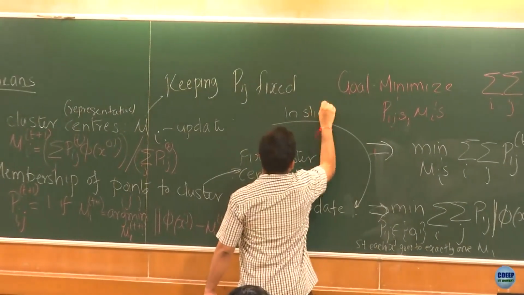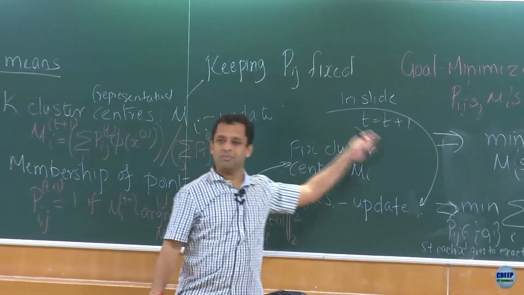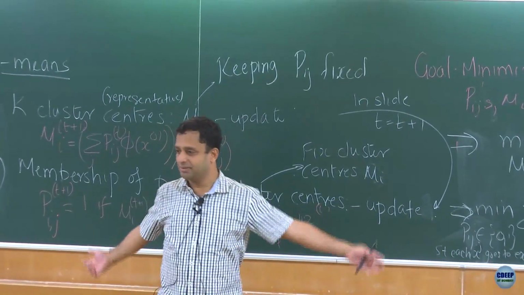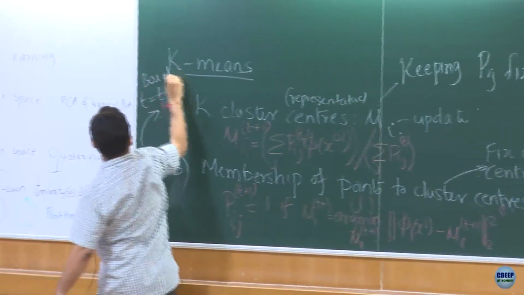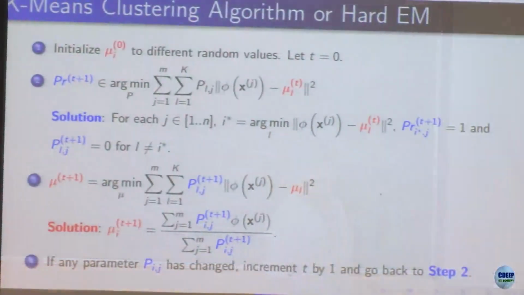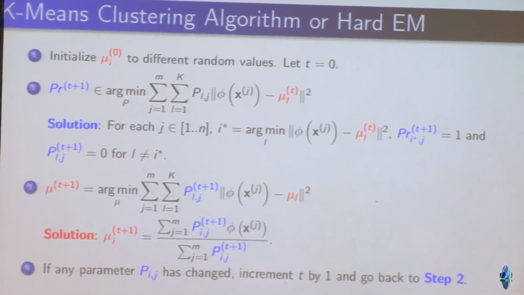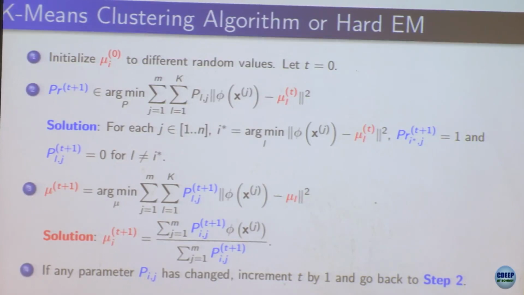In the slide I assumed that t equals t plus 1 is happening in this backward arrow, but t is just an index, it doesn't really matter. So basically you want to use the previous mu, that's it. And here mu t plus 1 gets updated, exactly what you said, to the mean of all points that belong to that cluster. Okay.